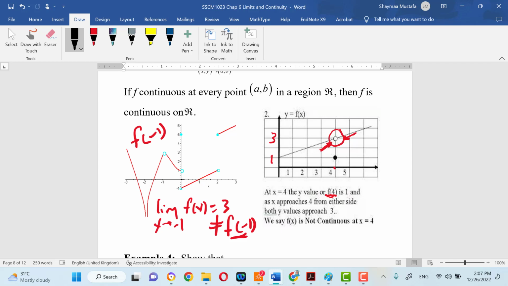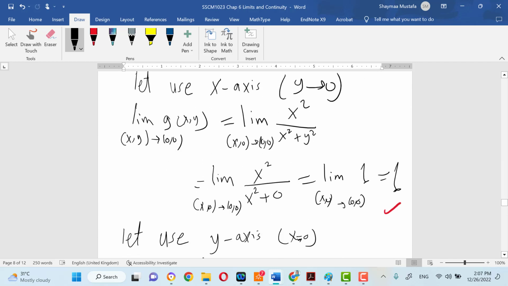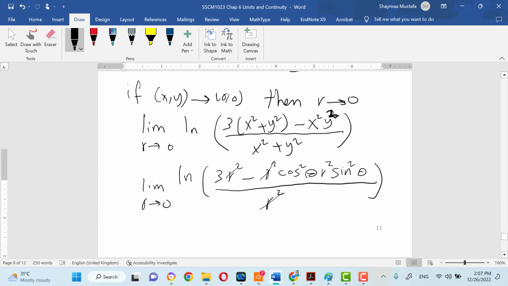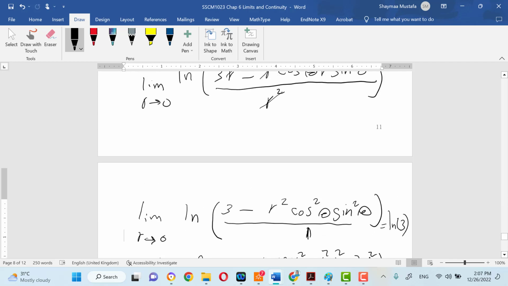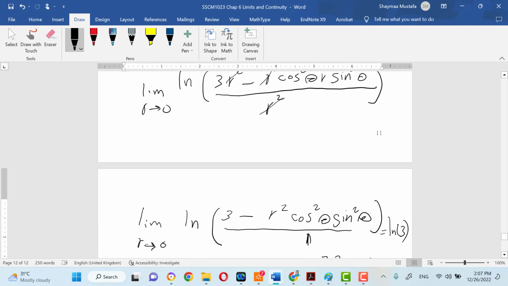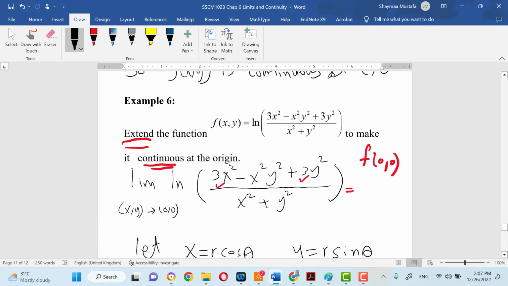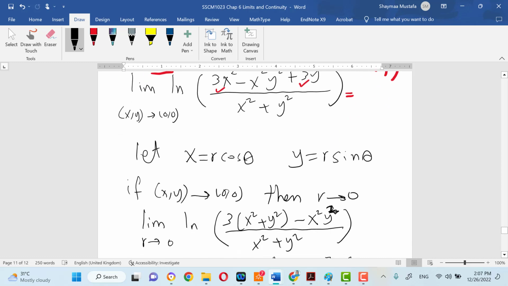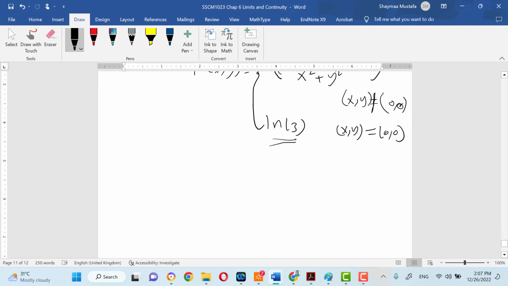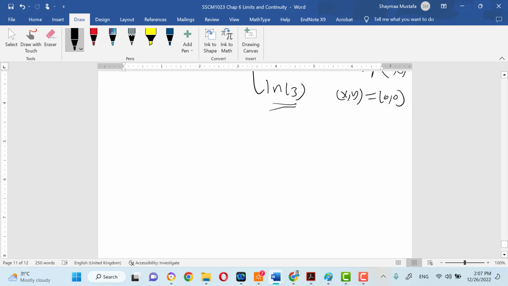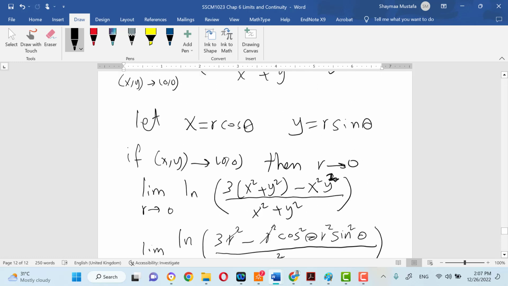Then you define the value at the point again. This is what we did here: we found the limit, and then we said that the function at this point equals the value of the limit, to be continuous. By this we already end chapter 6.